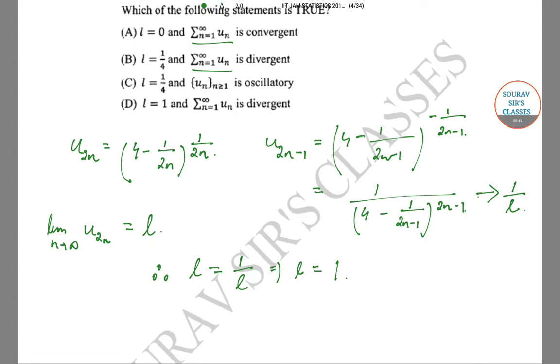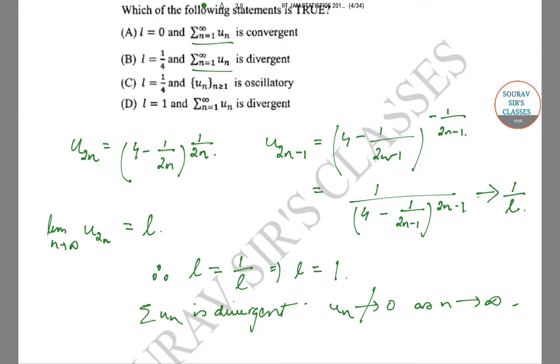Now since L is 1, of course sum over un is divergent, because if sum over un had to converge, then the terms un had to go to 0 eventually.